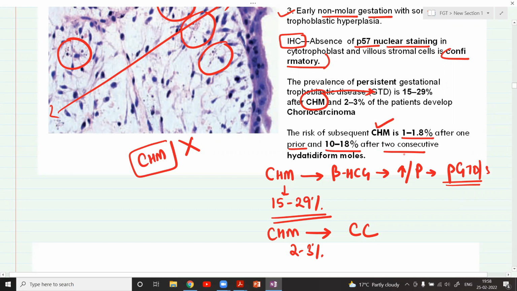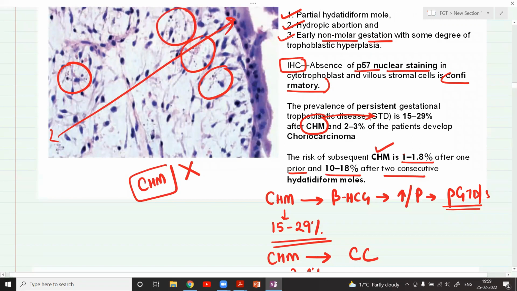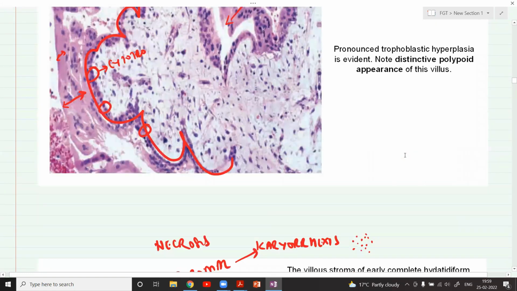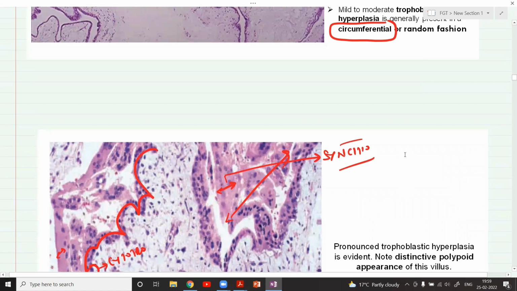So the risk of subsequent molar pregnancy, especially CHM, increases with subsequent pregnancy. Very important point. All these points are given clearly in the WHO. These are exam points, so just look at these slides.